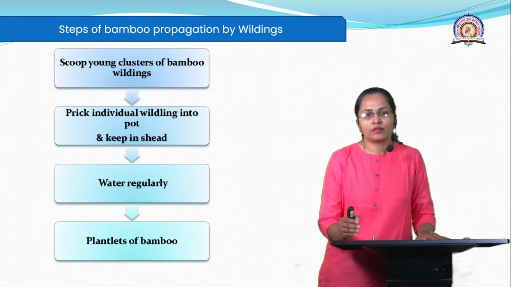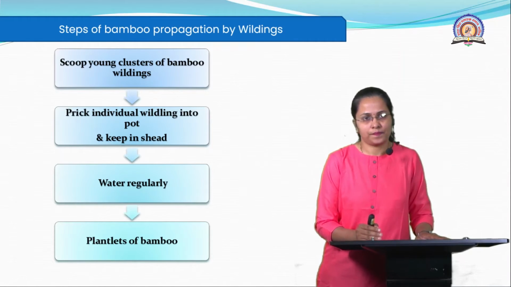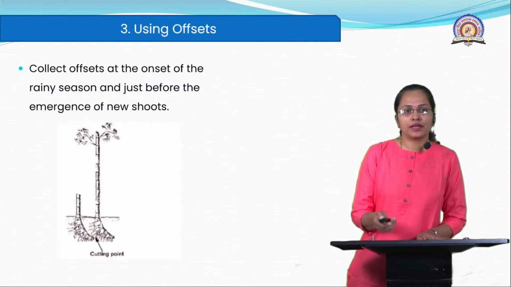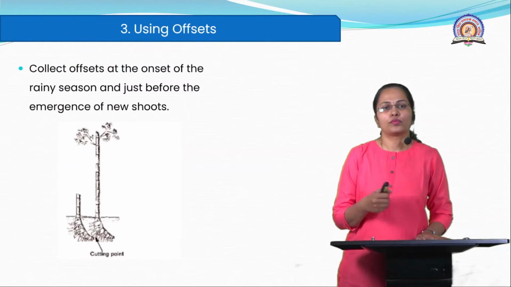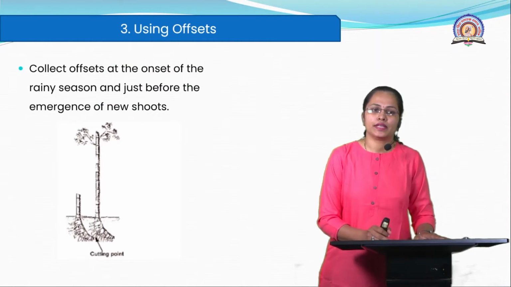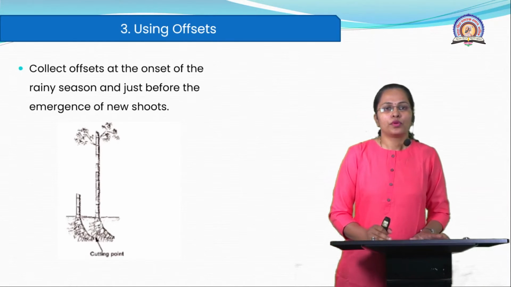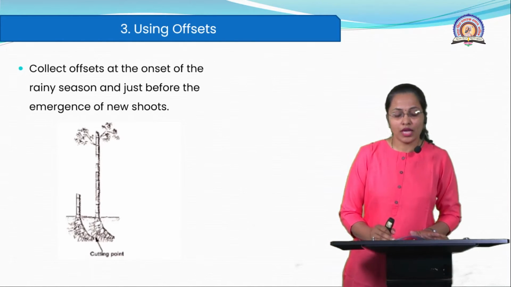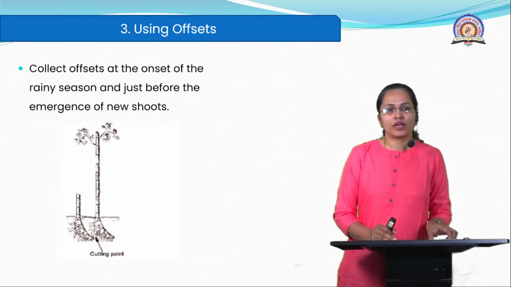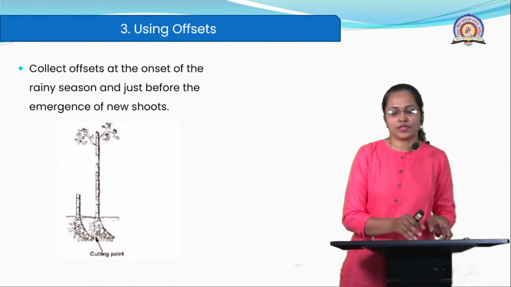Now we'll see the next type of propagation of bamboo, that is propagation of bamboo using offsets. First we'll see what exactly offsets are.